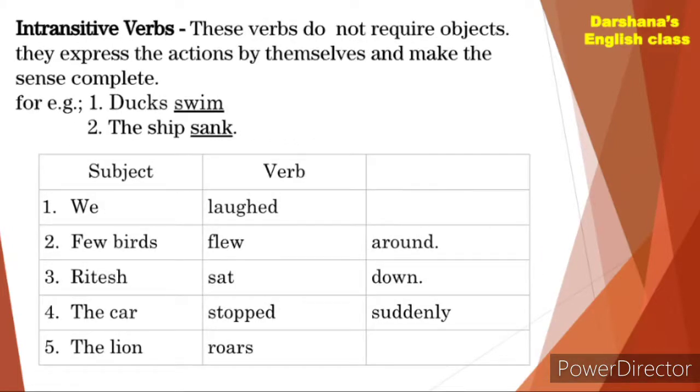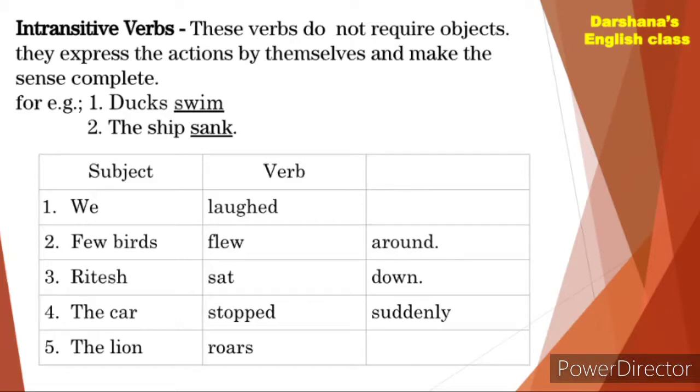Now, intransitive verbs. These verbs do not require objects. They express the actions by themselves and make the sense complete. For example, ducks swim. The ship sank. Now, if you notice again in the tabular form, I have given a few examples where the last column is again objects, but I have not given a header to it.